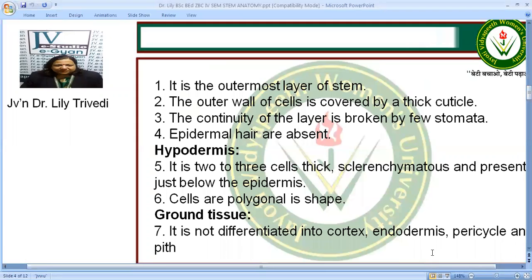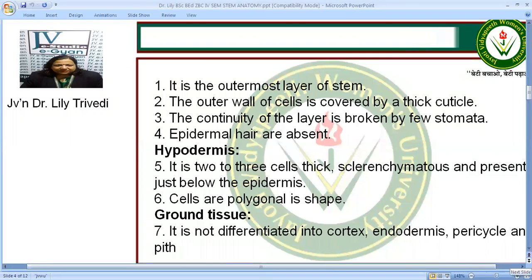Now the epidermis is the outermost layer, and the cells are covered by a thick cuticle, and the continuity of the layer is broken by stomata. The epidermal hairs are absent in the monocot stem. The hypodermis is 2 to 3 layers thick, sclerenchymatous and polygonal in shape.